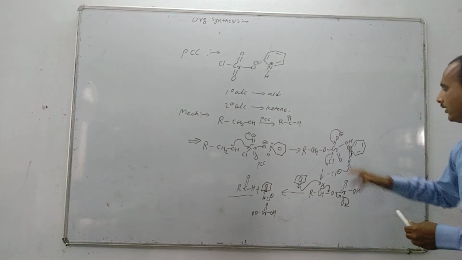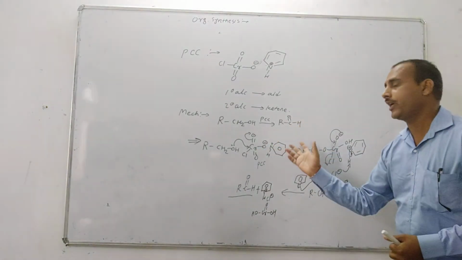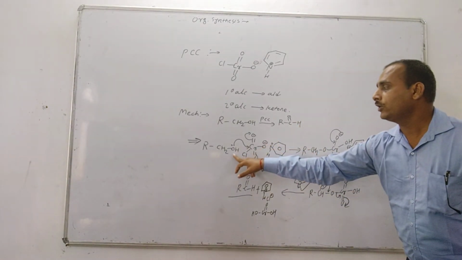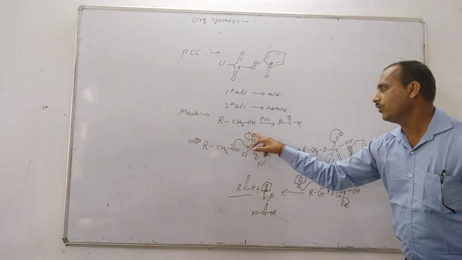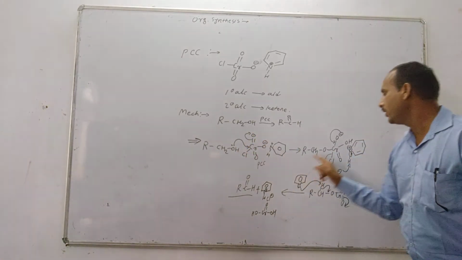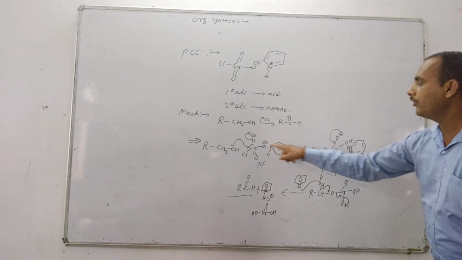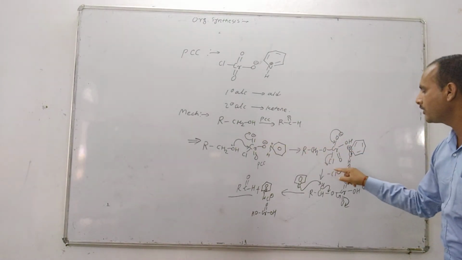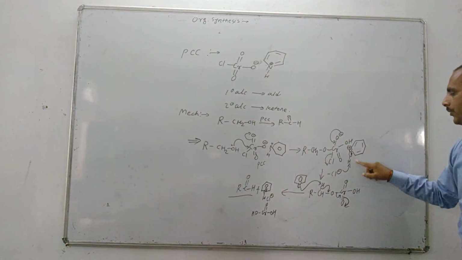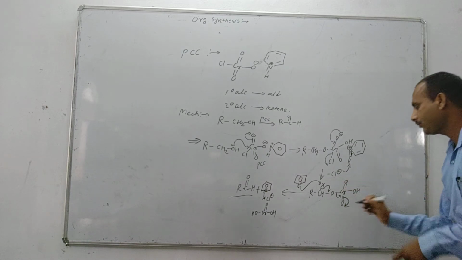Now let's see it once more. The alcohol lone pair attacks chromium, there is O minus, and this O minus takes the proton, so it becomes OH. Now this O minus reverses, there is loss of Cl minus, and Cl minus takes the proton from the pyridinium, forming HCl.